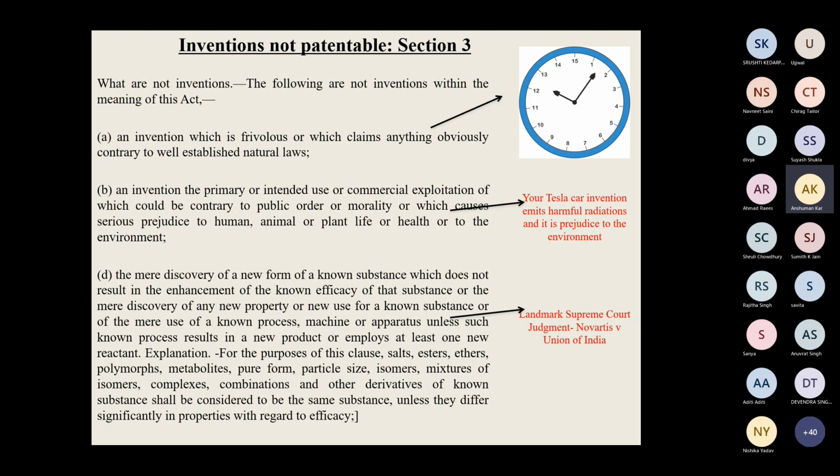Now someone discovers an entirely different application of turmeric. That won't be patented because turmeric is already known to the art; you have just discovered a new application. There needs to be an entirely different invention itself. Fine. The next slide.